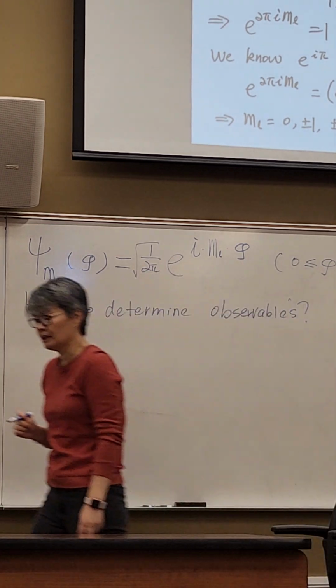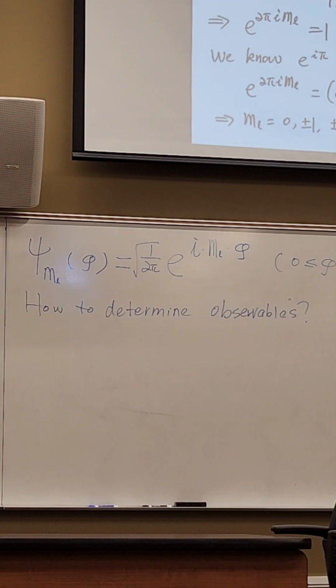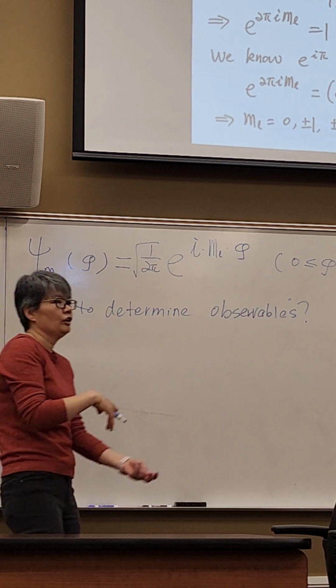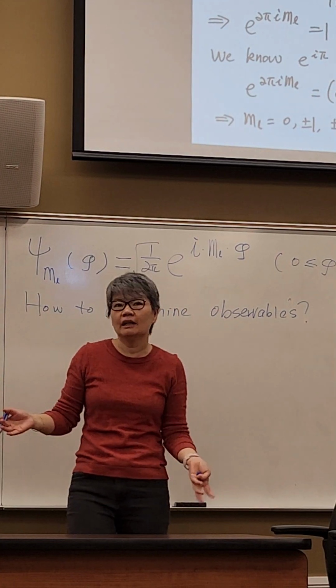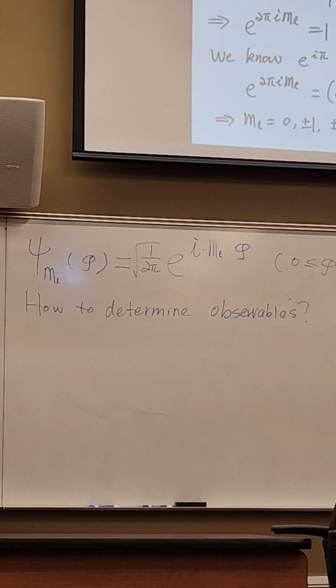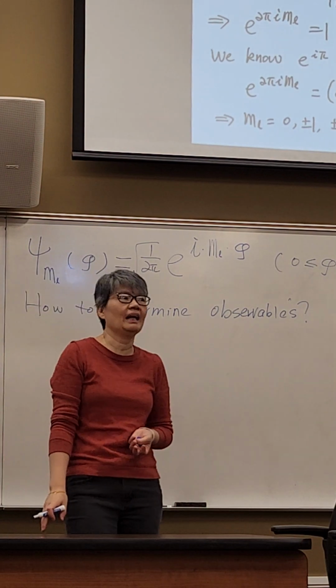So the big question is, how can we determine the observables? For instance, your potential energy, in this case potential energy is 0, your kinetic energy values, your total energy, your linear momentum, your position, right, and your angular momentum.